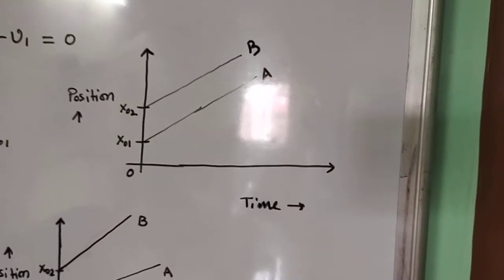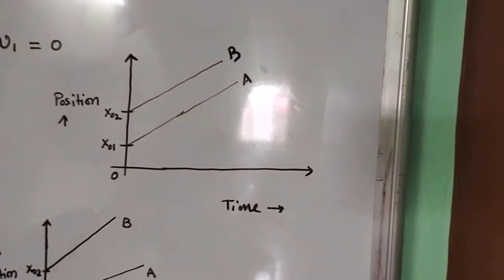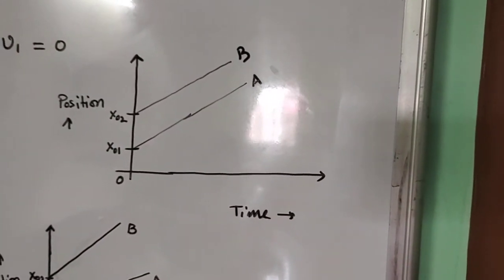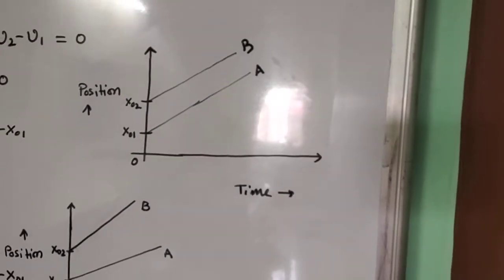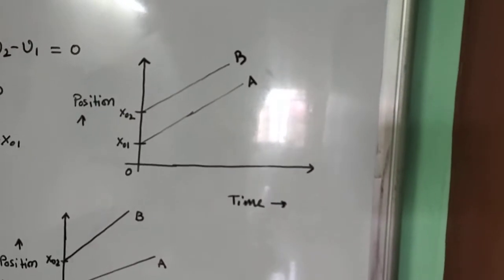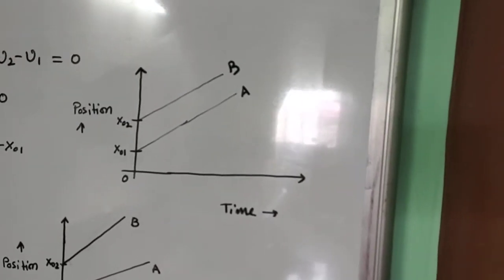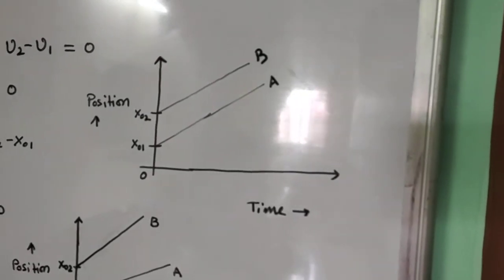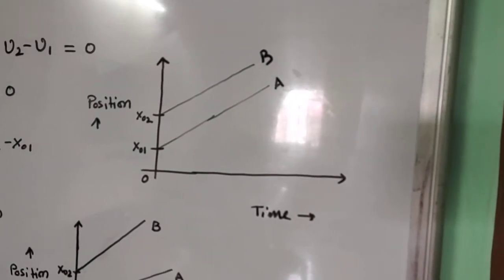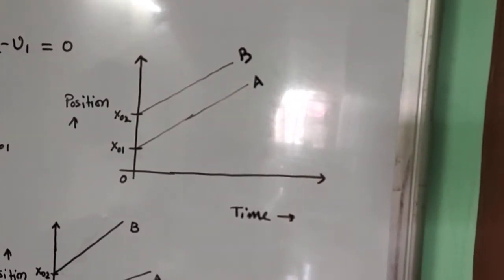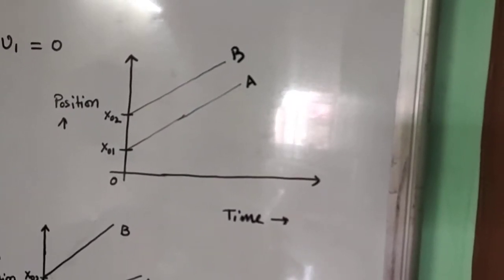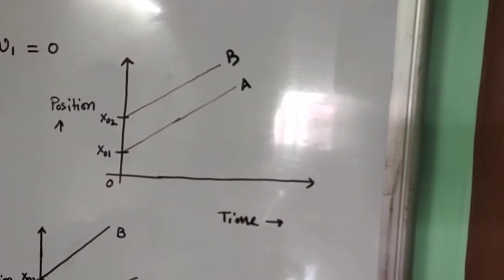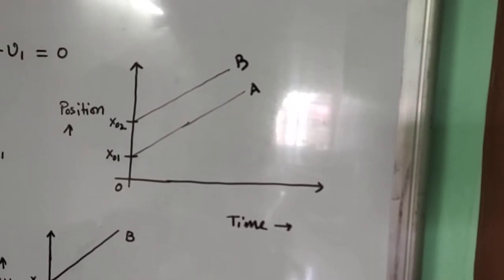Parallel lines in the sense that, if I ask you to find the speed or velocity from a displacement-time graph, you will find the slope. Slope is nothing but the inclination. As v1 equal to v2, the position-time graph for A, starting at x01, has the same inclination or slope as that for B, starting at x02.